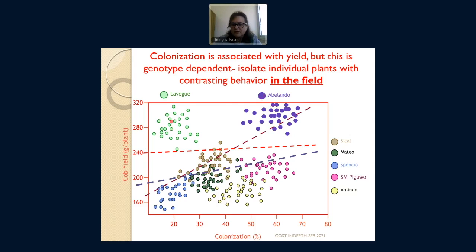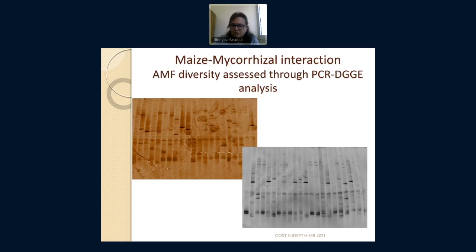Same, each dot here, individual plants from the landrace Lavec. And the same for the other landraces. You can see how easy it is to isolate individual plants with contrasting behavior in the field under real field conditions, and the significance of this for molecular studies or biochemical studies or physiological studies.